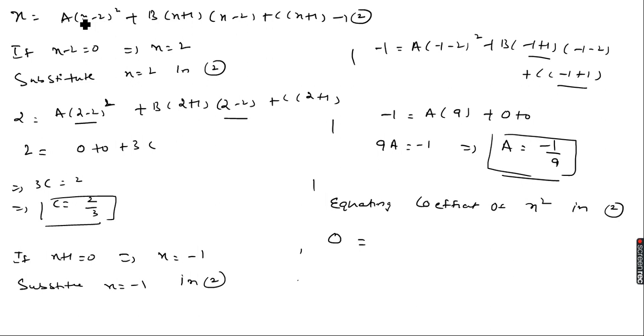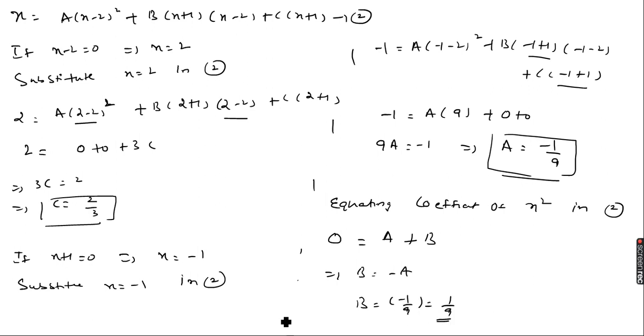So the coefficient is a plus b. Therefore b equal to minus a, that is b equal to minus of minus 1 by 9, we get 1 by 9.